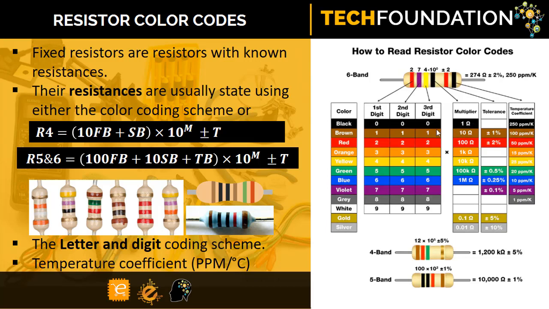Okay, so in essence, we have a 47 ohm resistor.